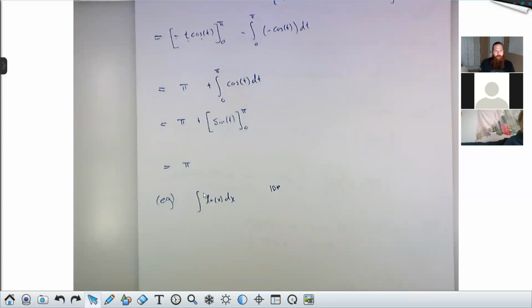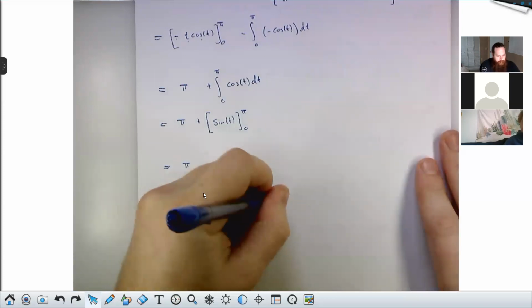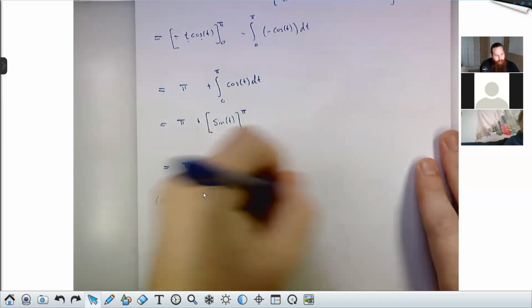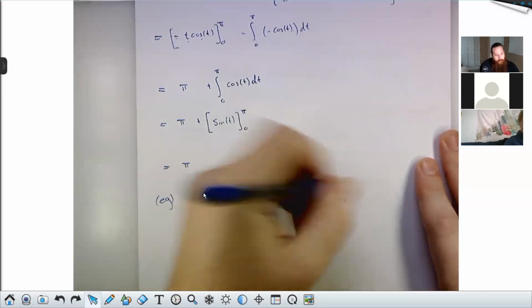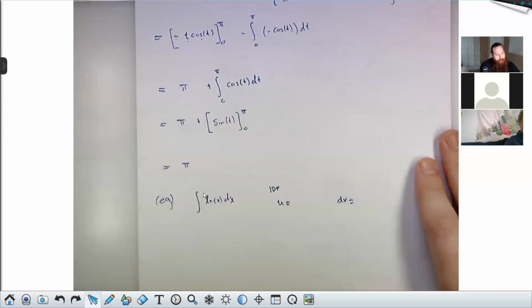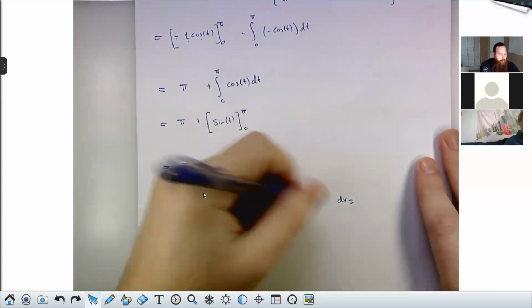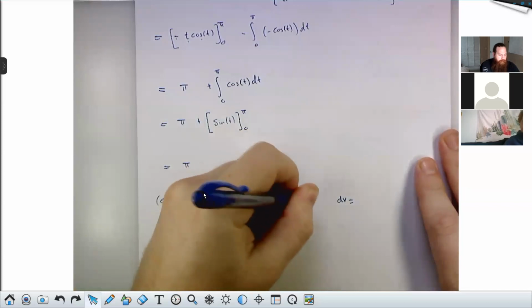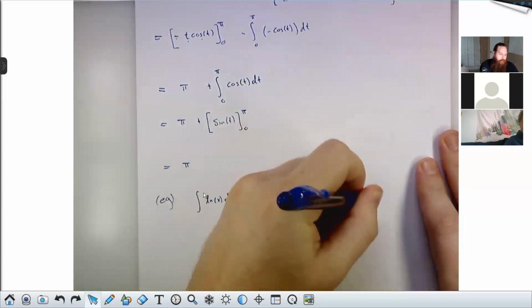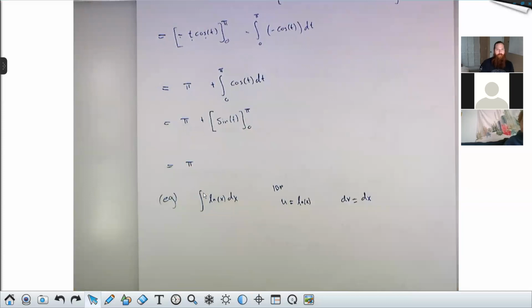Instead, what I'll do, so I have to split my integral up into u and dv pieces. Here I'll pick u to be the ln of x and dv to be dx. So here is the integral of u times dv. Right?